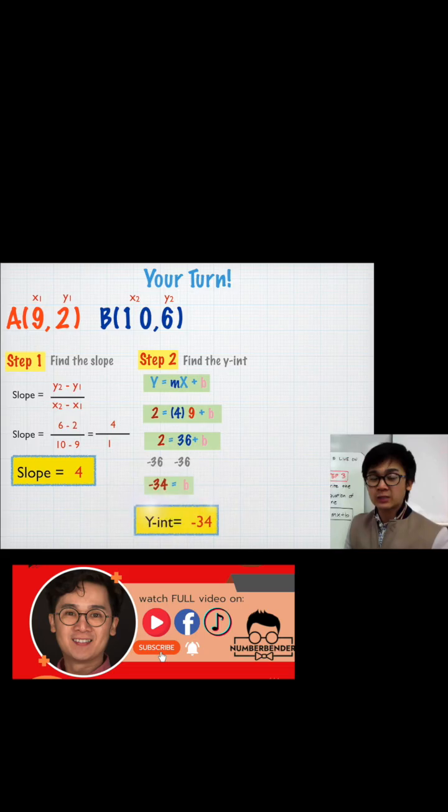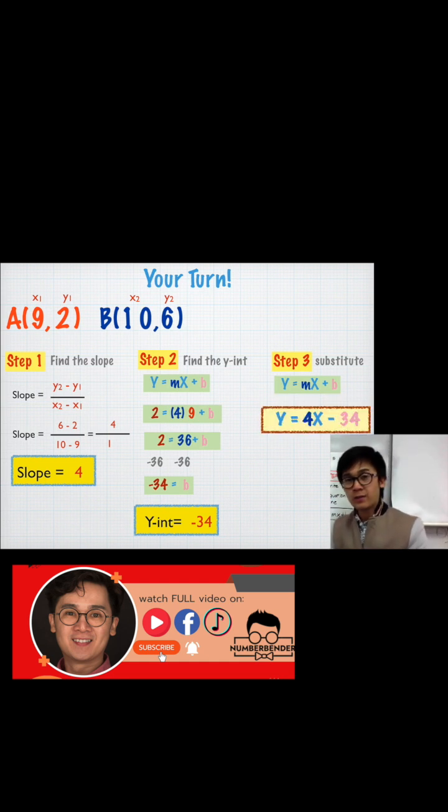That will be my y-intercept. Now I'm ready for step number 3, which is writing the equation of a line by using the form y equals mx plus b. By replacing m and b, my equation of a line will be y equals 4x minus 34. And that is case number 3 in writing the equation of a line given 2 points.